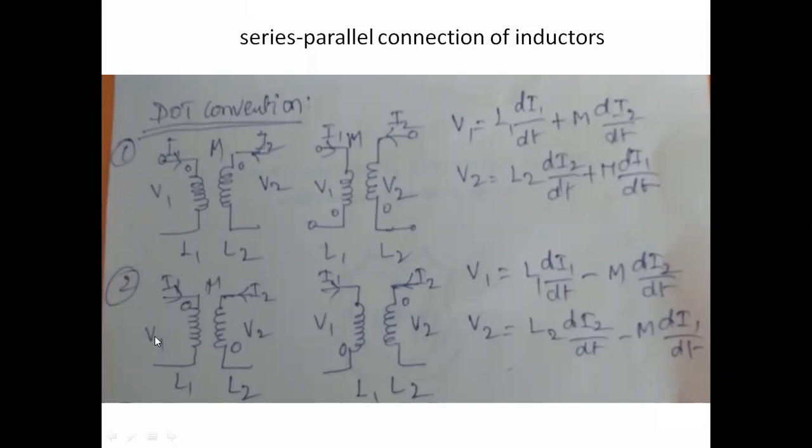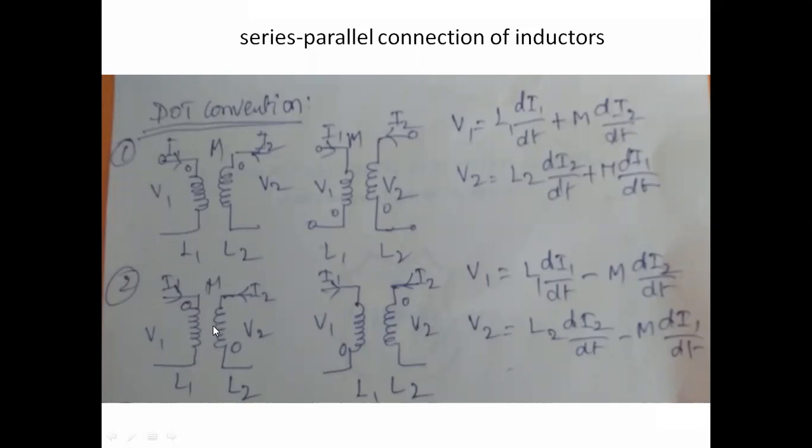So V1 is equal to L1 into di1 by dt, that is the voltage drop across the coil or inductor, minus M into di2 by dt. Here the minus indicates that the flux is opposing the first flux.